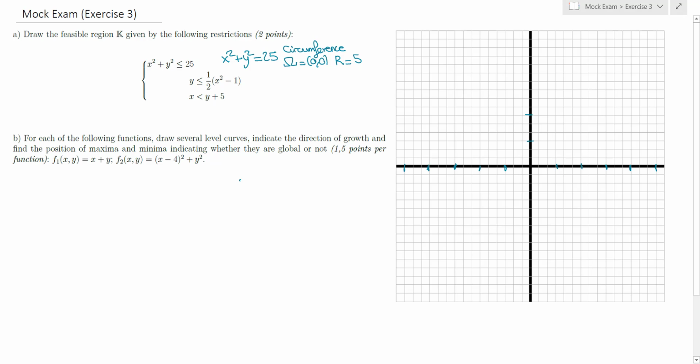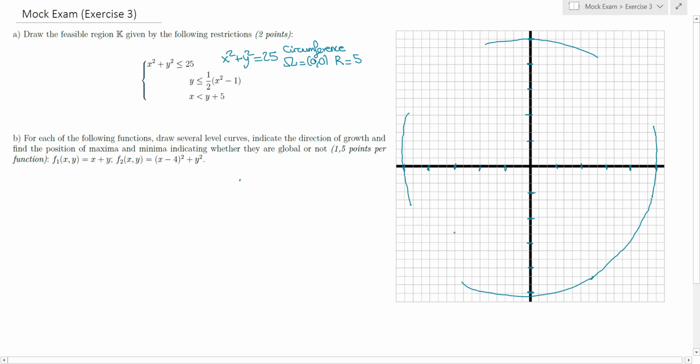We will try to do the drawing in the best possible way. It's not going to be the best circumference ever, but we will try to do something that more or less tells us what's happening. So it's something like that. This is the circumference with radius 5, centered at (0, 0).